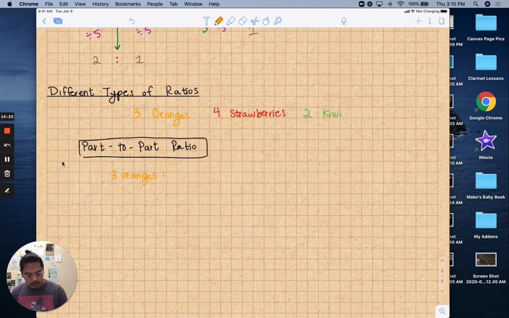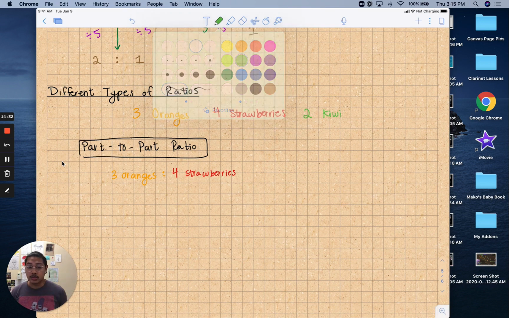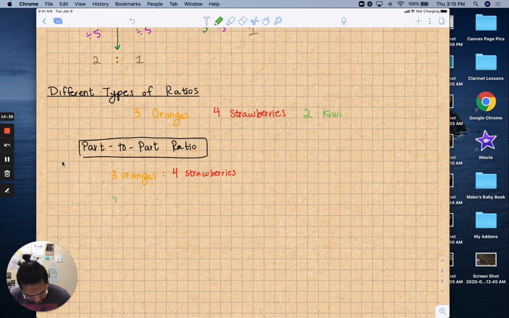I have 3 oranges to 4 strawberries. I could also write 2 kiwi to 3 oranges. And then let's do one more. I could do 4 strawberries to 2 kiwi.